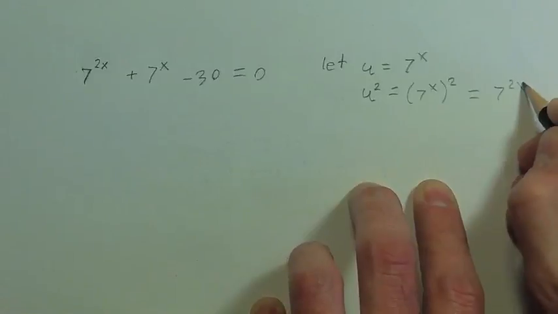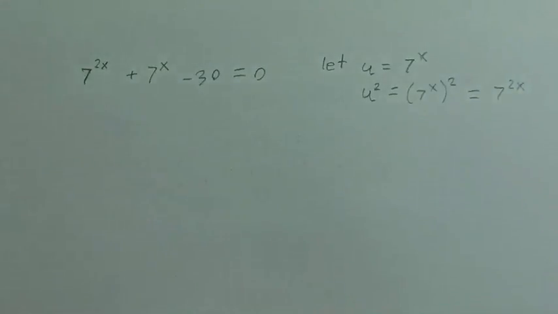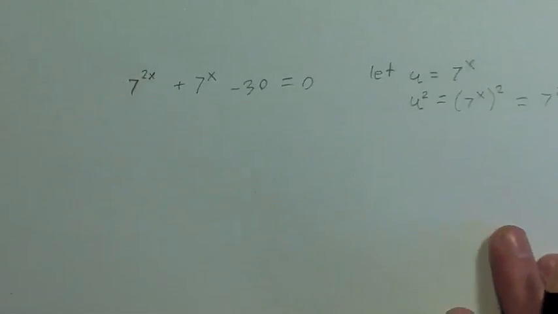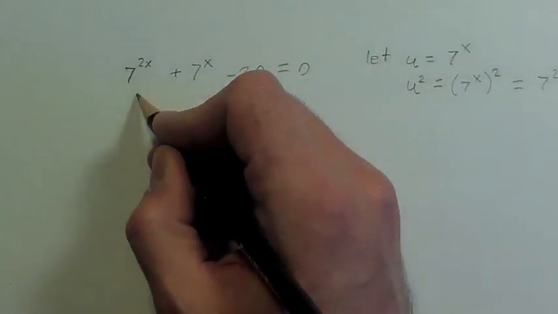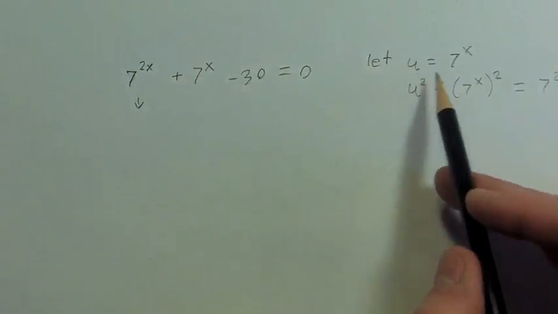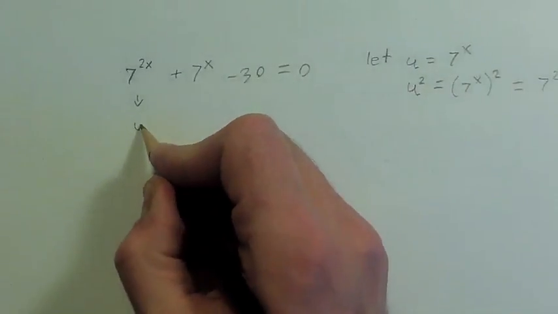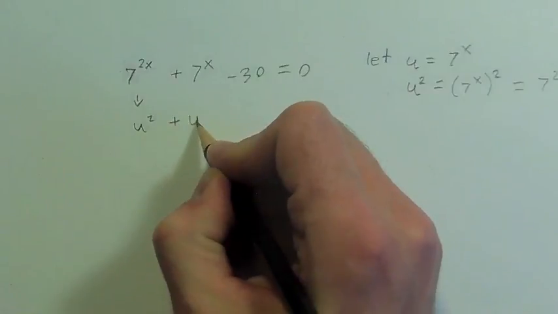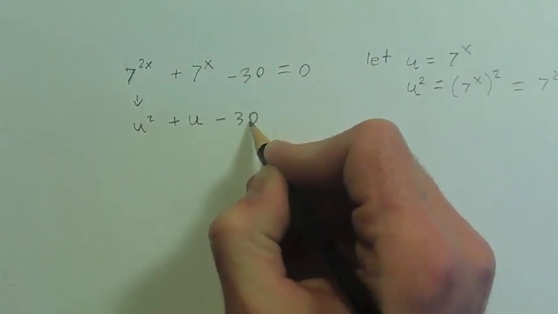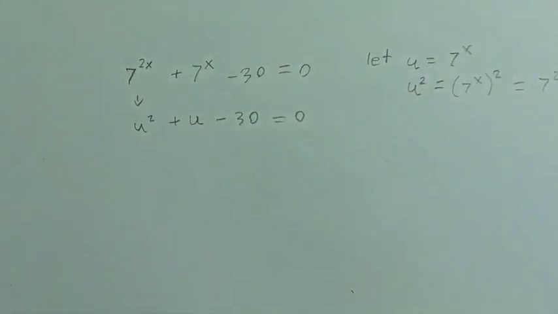You multiply those exponents. So this equation, 7 to the 2x plus 7 to the x minus 30, actually becomes, using this translation, u squared plus u minus 30 is equal to 0.